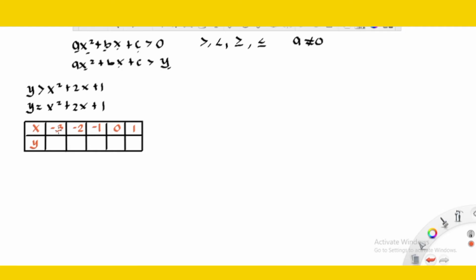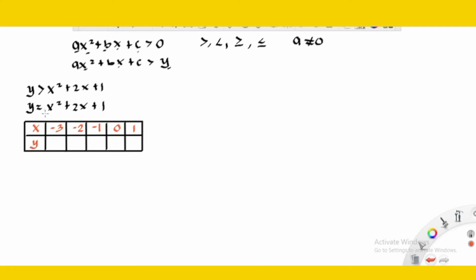Okay? We start with the smaller value from the left, and then go upward to the right. Now that we already have values of x, these 5, we are going now to solve for y. So, we will solve what the value of y is based on these values of x.